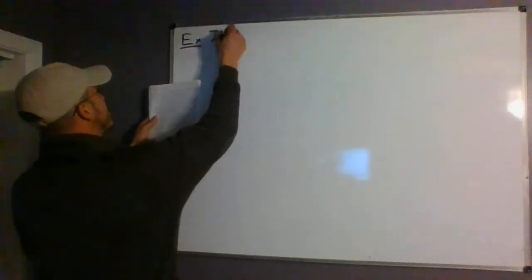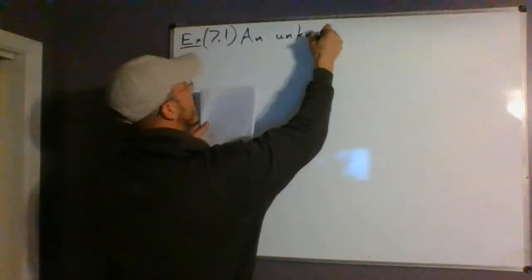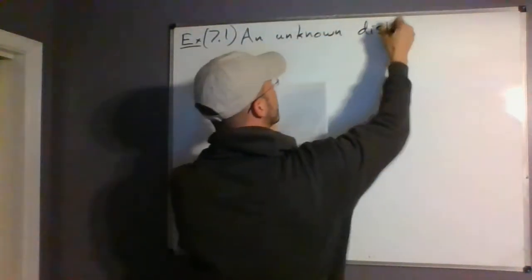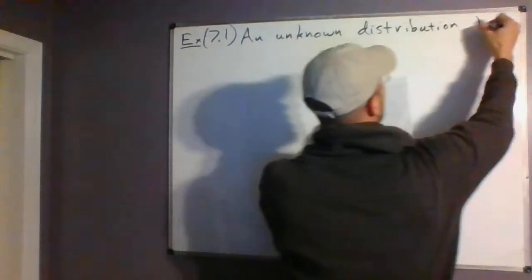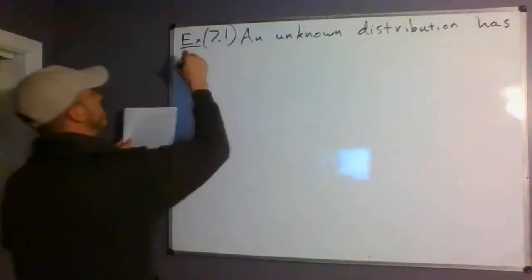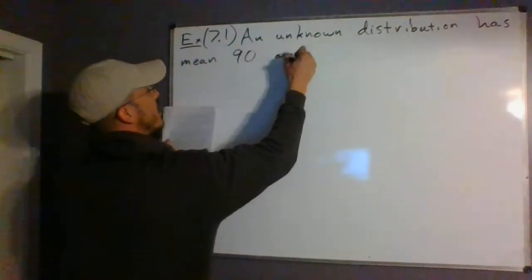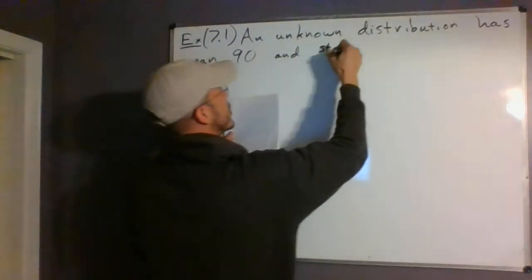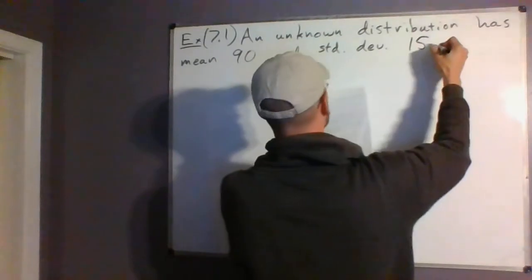So for some examples, to start with, let's look at example 7.1. An unknown distribution has mean 90 and standard deviation 15.